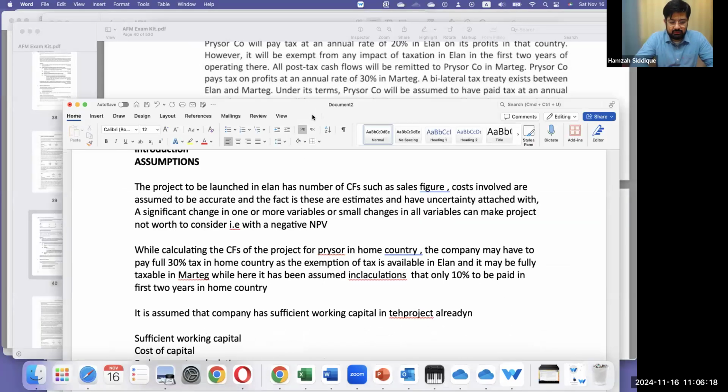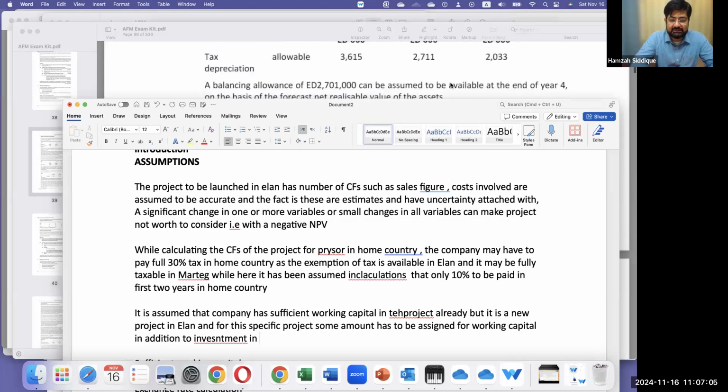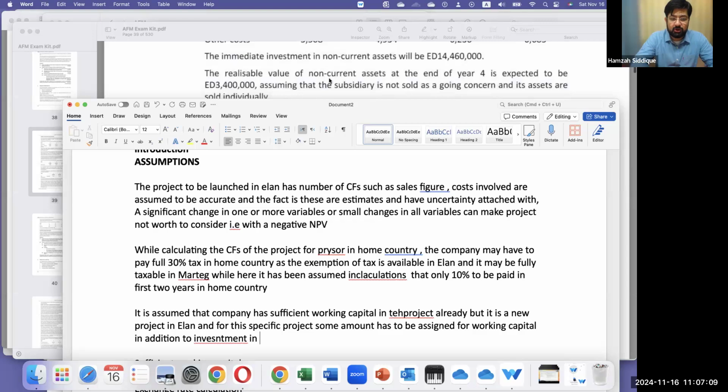But it is a new project in Elan. And for this specific project, some amount has to be assigned for working capital in addition to investment in machinery, in non-current assets.